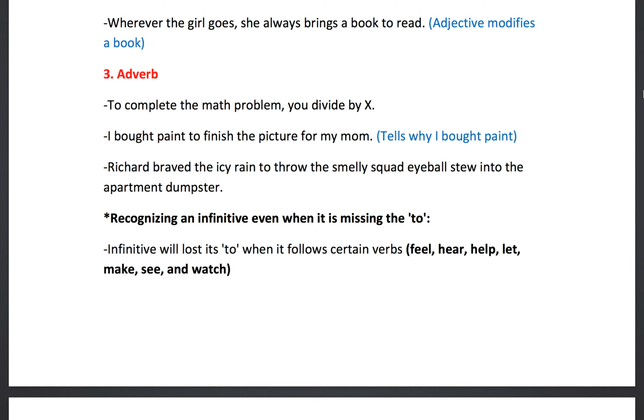It's just an infinitive phrase in that sentence, describing the verb divide. To complete the math problem, to complete is the infinitive, and to complete the math problem is the infinitive phrase that's describing the verb divide. By this comma here, you can differentiate.